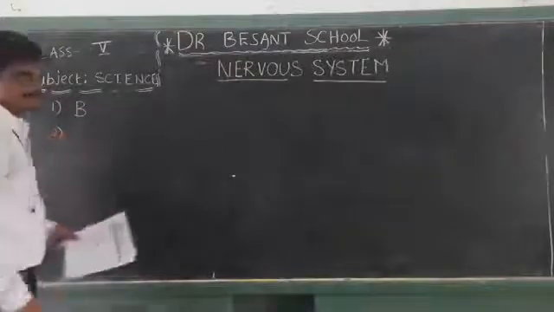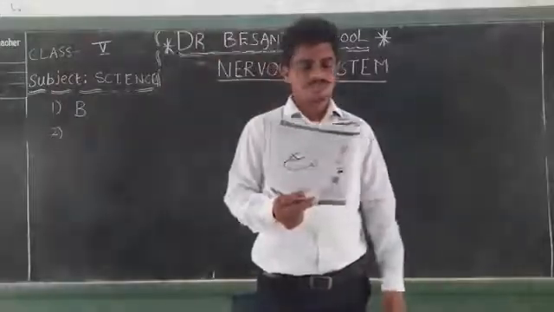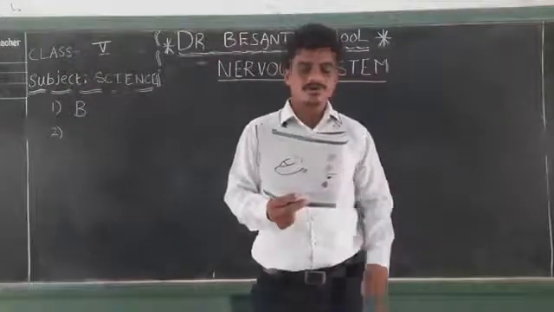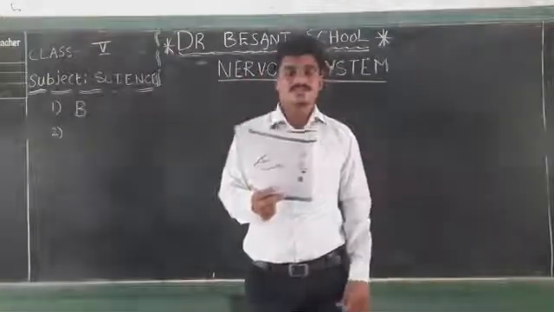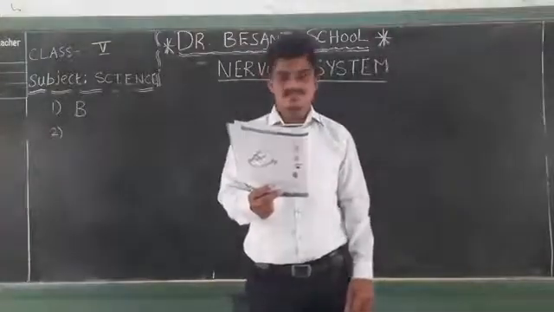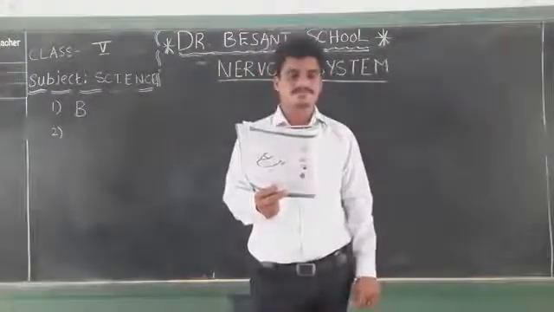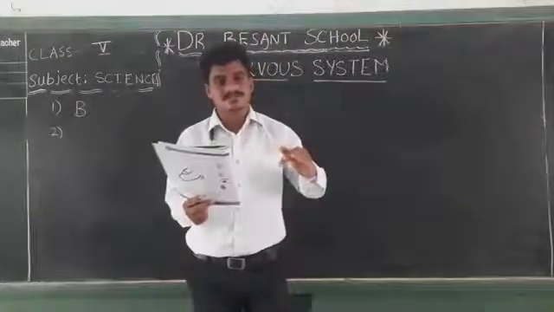Second one, name the organ system which controls all the body functions. Here, what are the options given? A, nervous system, B, muscular system, C, digestive system and D, excretory system. Children, tell me which system controls other systems?